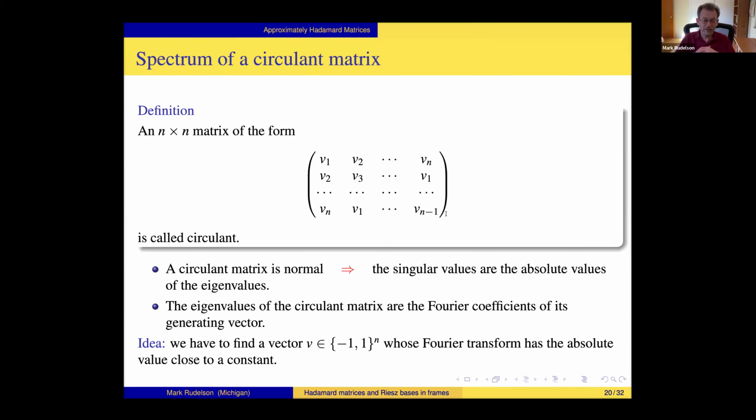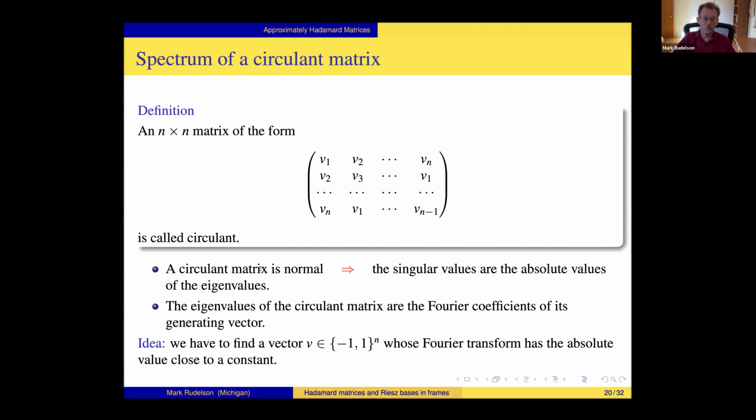And the circulant matrix is normal, which means that its singular values are the absolute values of the eigenvalues. And the eigenvalues are easy to evaluate. They are the Fourier coefficients of the generating vector, this vector v1, etc., vn.